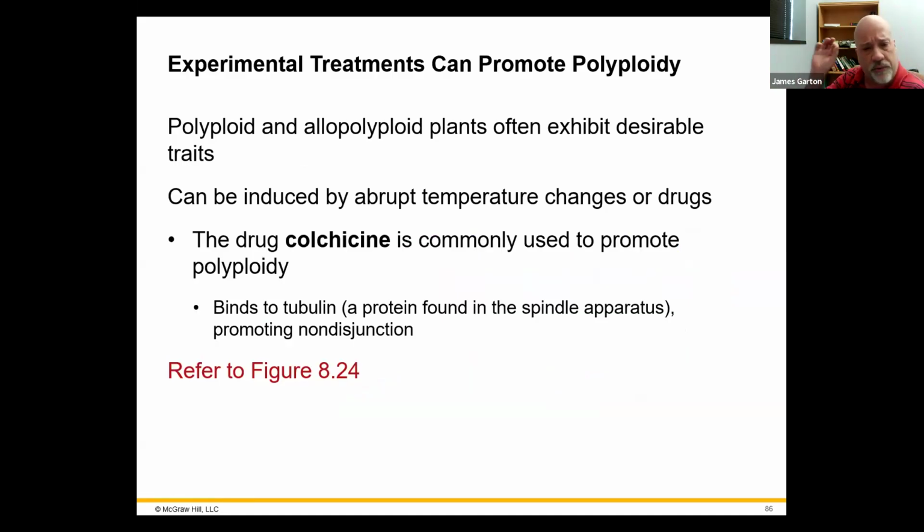A very old, well understood, well used one is the drug colchicine. Colchicine binds to tubulin, which is found in the spindle apparatus, and it causes those microtubules to decay. And so you typically get complete non-disjunction.